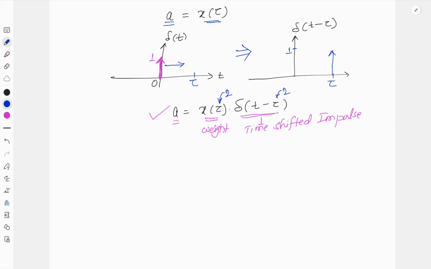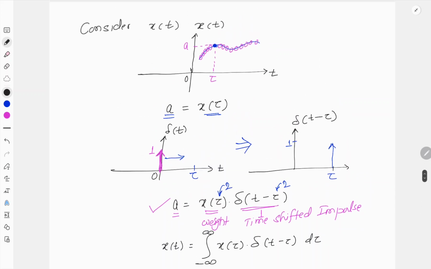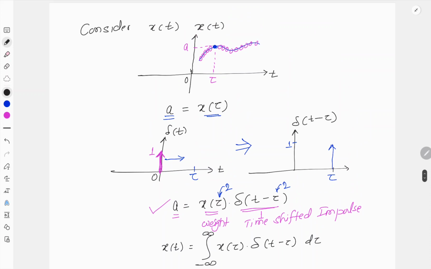To accumulate all the values and get the x of t signal, we need to integrate the above equation. So it will be the integration of x of tau into delta of t minus tau d tau. This integration is a function of tau, and tau will vary from minus infinity to plus infinity, so that it will collect all the points on the x of t signal.